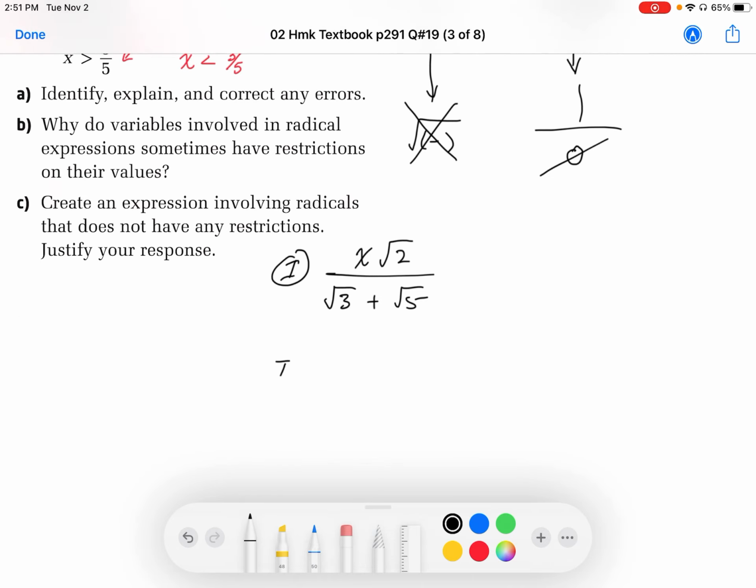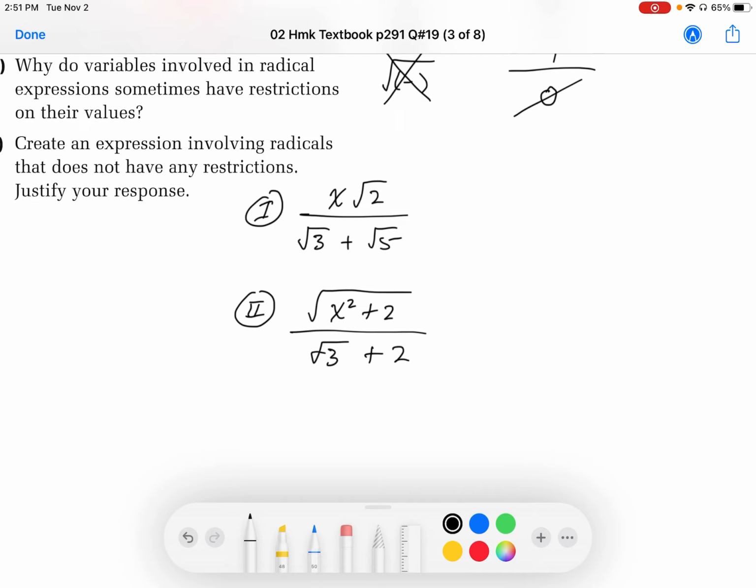Another example would be we could actually just make sure that we don't get negatives in the square root by squaring, and that would ensure that we have no restrictions because it's not in the denominator and x squared plus 2 is always greater than 0.